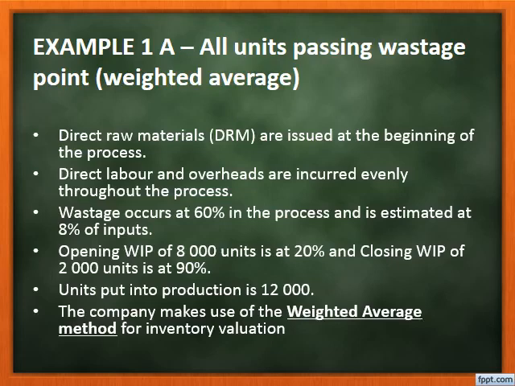Wastage occurs at 60% of the process and is estimated at 8% of inputs. Opening work in progress of 8,000 units is at 20%, and closing work of 2,000 units is at 90%. Units put in production is 12,000 units. The company makes use of a weighted average method for inventory valuation.